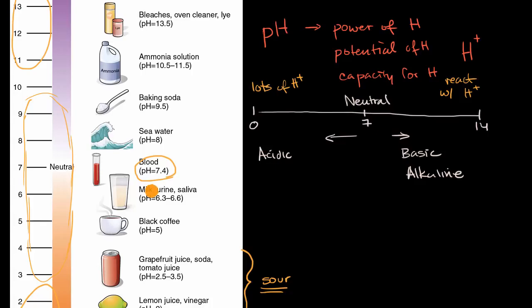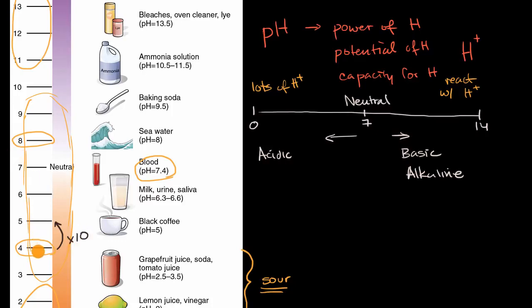Now, with that said, in order to read the pH scale appropriately or to appreciate the differences in acidity and basicity, it's important to realize that it is not a linear scale. So for example, something that has a pH of 8 is not twice as basic as something that has a pH of 4. It turns out when you go from one level of our pH scale to the other, you are going up in basicity, say going from a pH of 4 to a pH of 5, by a factor of 10.